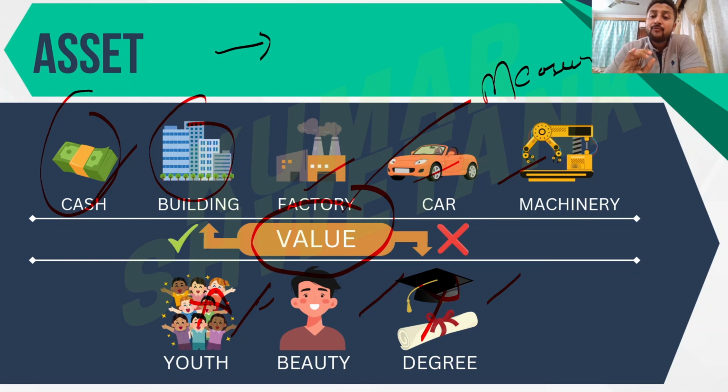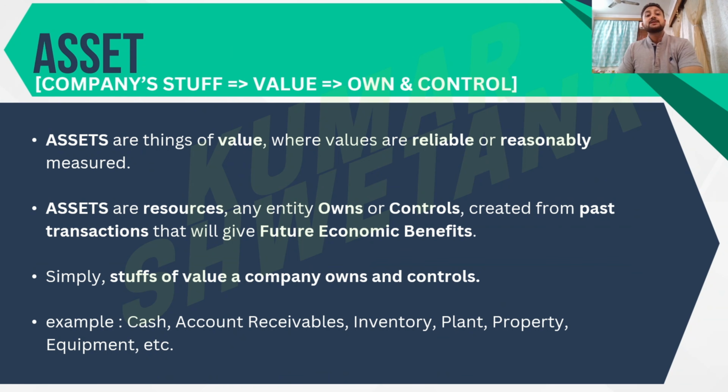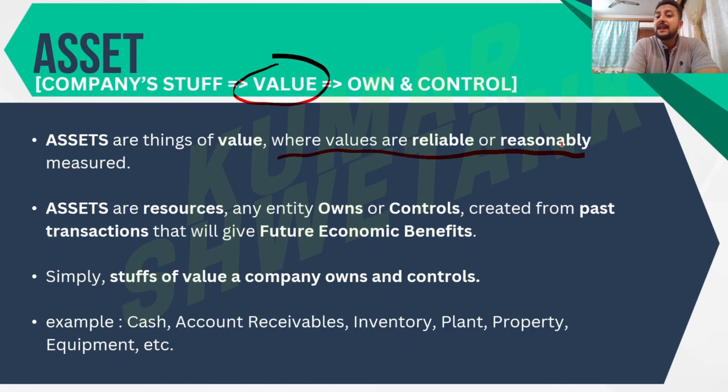So from a company's point of view, and most importantly from an accounting point of view, an asset is a company's stuff which has value, where the values can be reliably and reasonably measured.